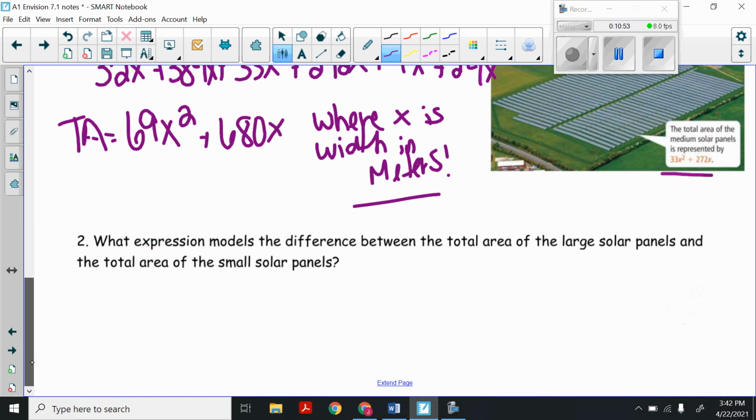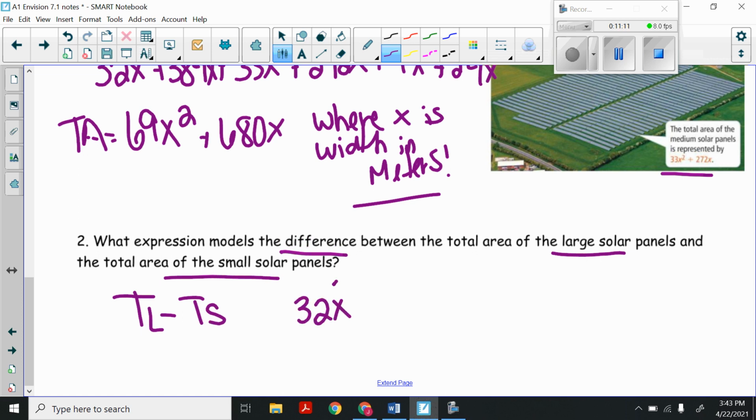All right, now number 2, what expression models the difference, so difference means subtraction, between the total area of the large solar panels and the total area of the small, okay? So we would take total of the large minus total of small. So the large, we had 32x squared plus 384x minus, in parentheses, the entire small, 4x squared plus 24x.